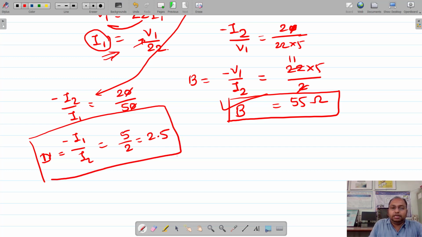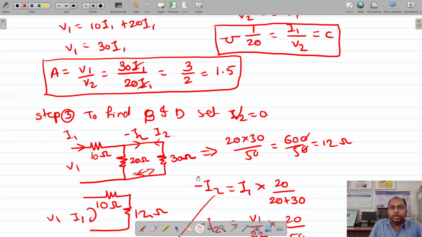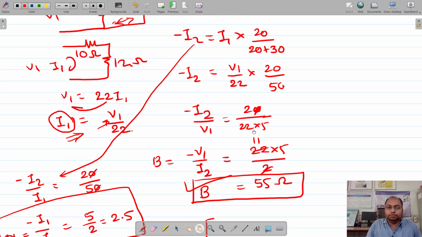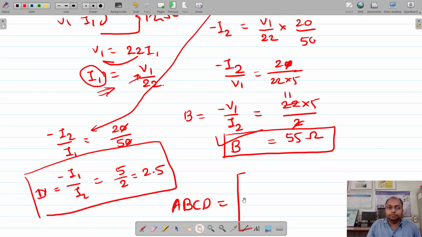Are you getting it? And finally we are going to write the ABCD matrix. What was the value of A? A is 1.5, C is 1 by 20. Let us calculate 1 by 20, or you can keep it as it is. It will be coming as 0.05. So A is 1.5, right?